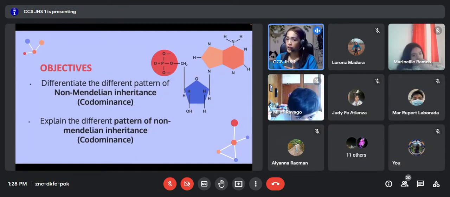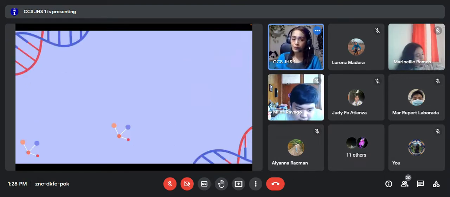And yesterday, we learned one of the non-Mendelian genetics, which was incomplete dominance. But for this afternoon, we will explore more how codominance is expressed or manifested on an organism or on an individual.